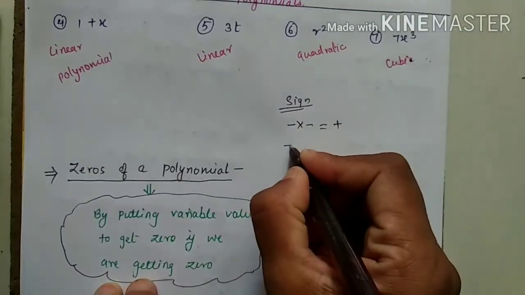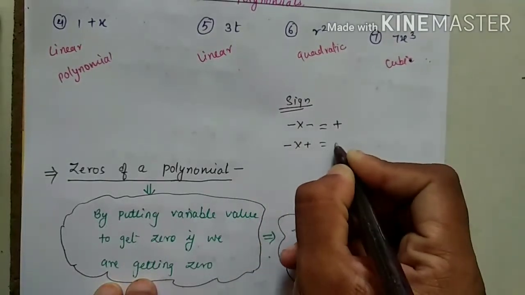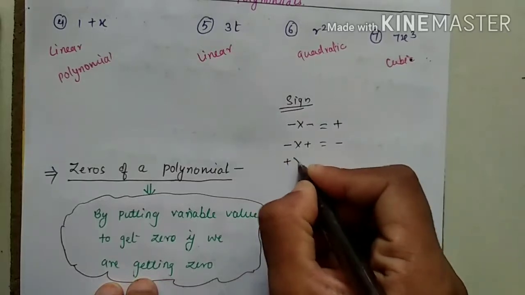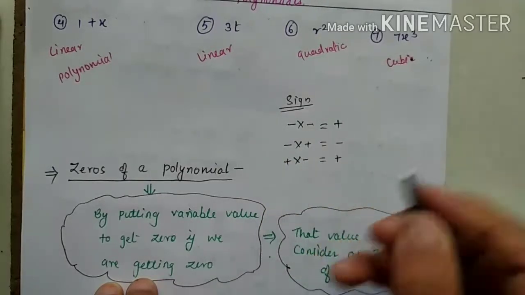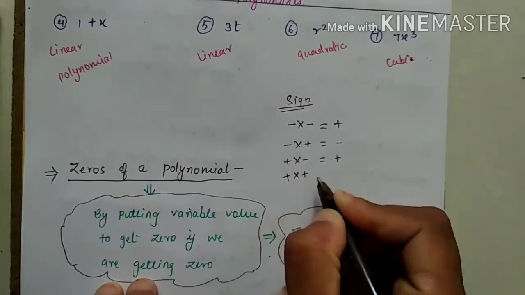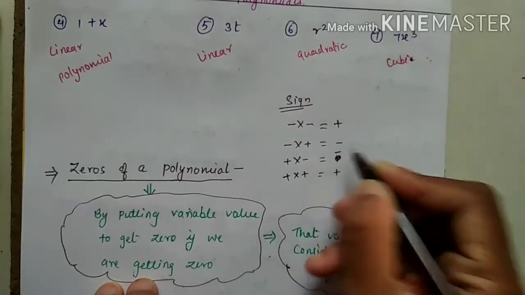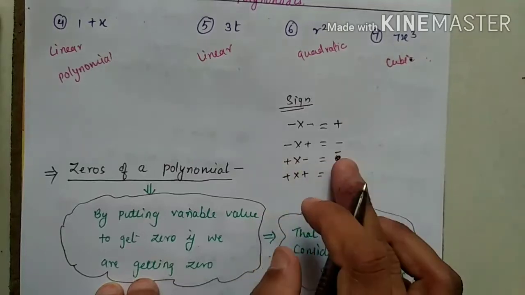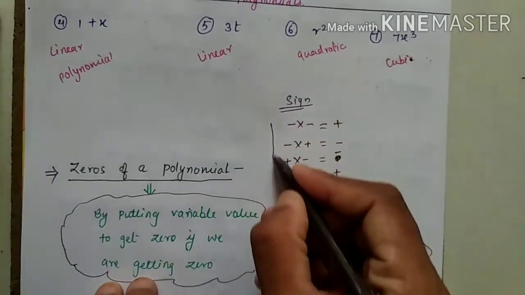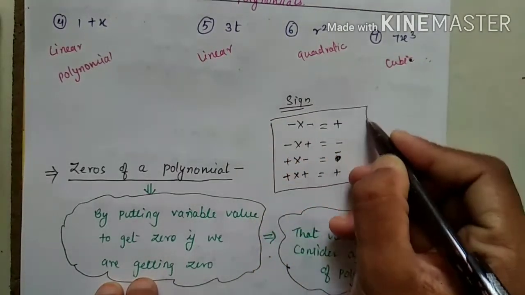Plus. If minus multiplies positive, it will give you minus. Positive multiplied by minus becomes negative, and positive multiplied by positive becomes positive. Is it clear? This is the rule of multiplication of signs.